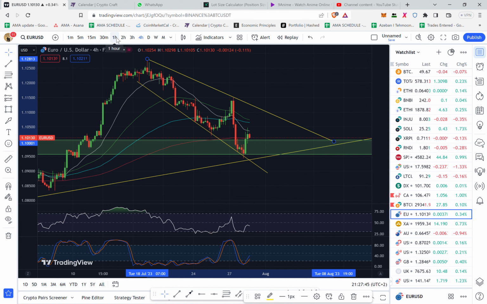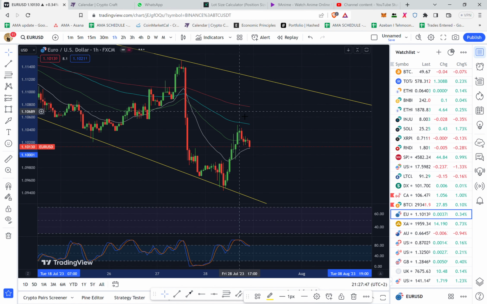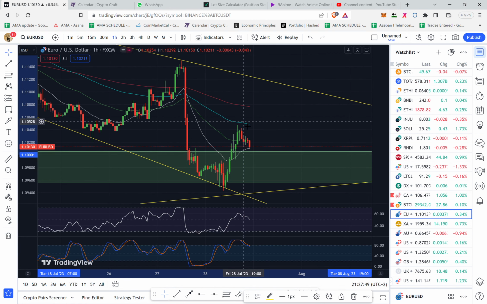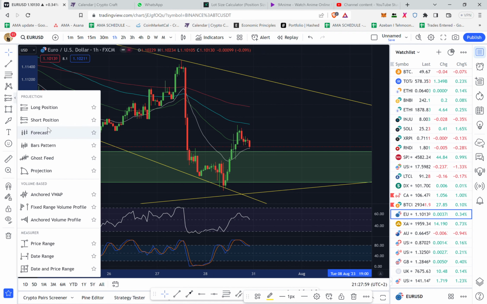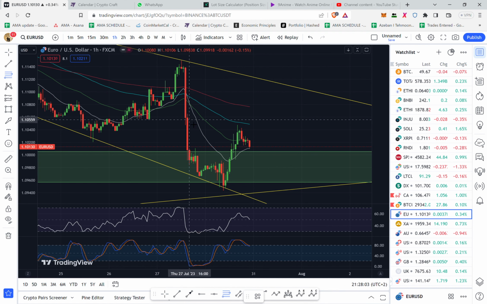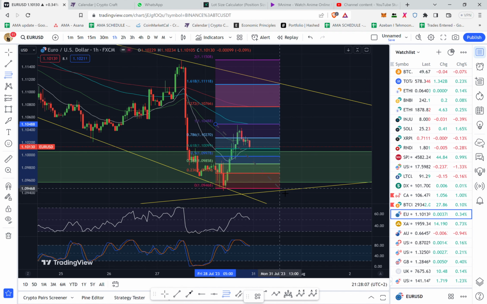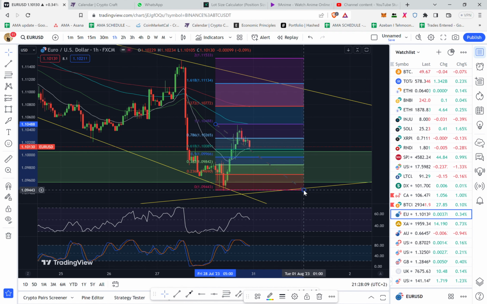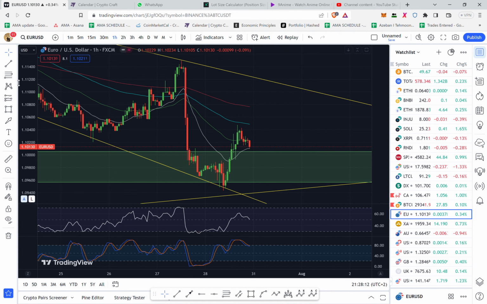So let's have a look at the 1 hour time frame. We have this nice rally up, and we should be looking for a pullback. Our stochastic RSI is oversold. Maybe we can look at a potential entry. So from the high down to the lows. No, sorry, the other way around.